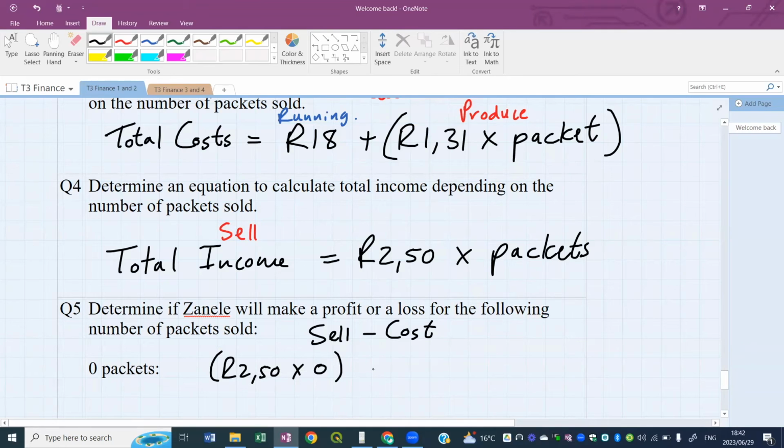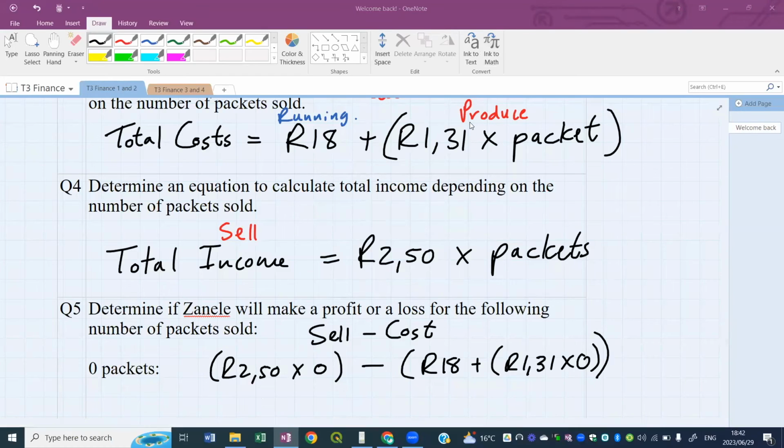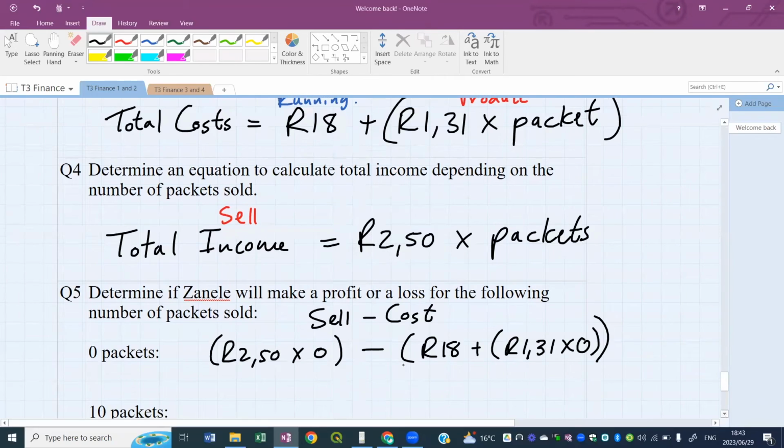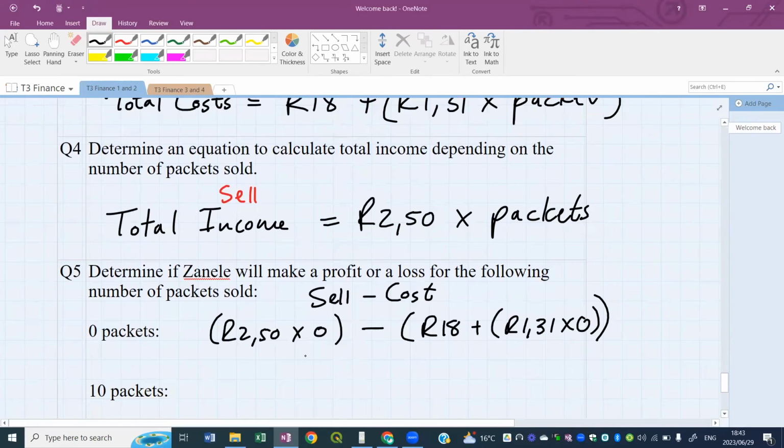When she sells, minus the cost. Well, the cost is always 18 Rand plus 1 Rand 31 times 0, because you're not selling anything. All right, this is for no packets. Okay. All right, let's have a look. So what's 250 times 0? 0 minus.